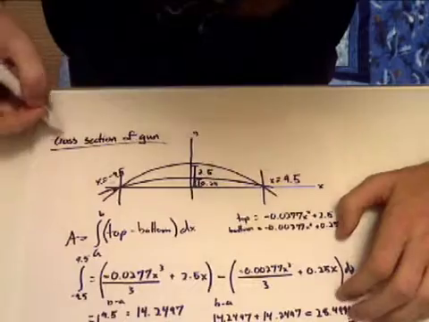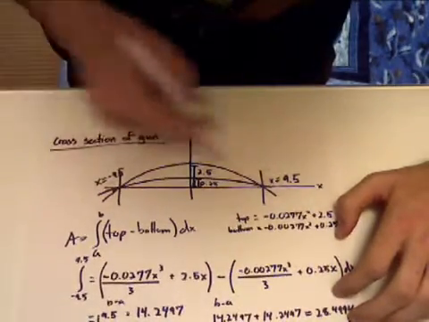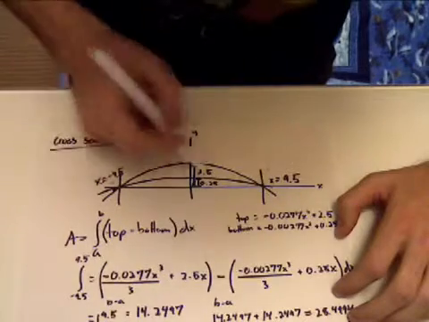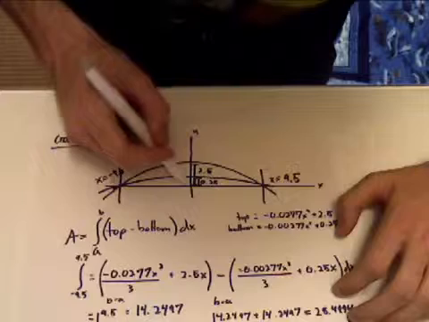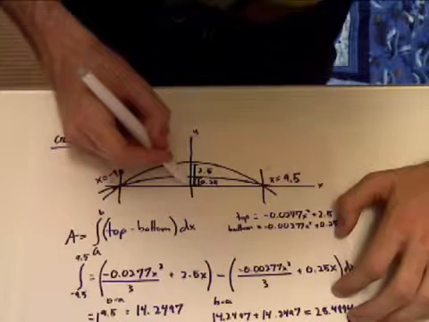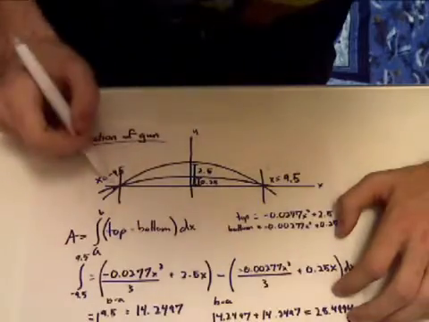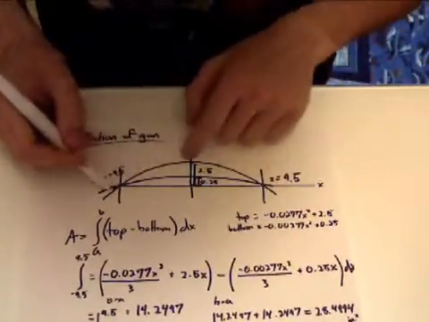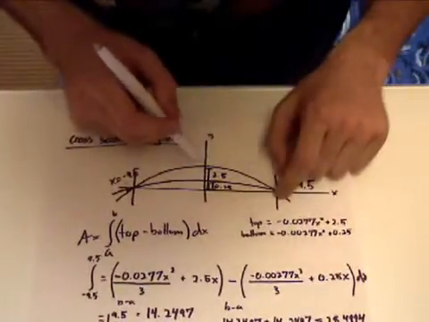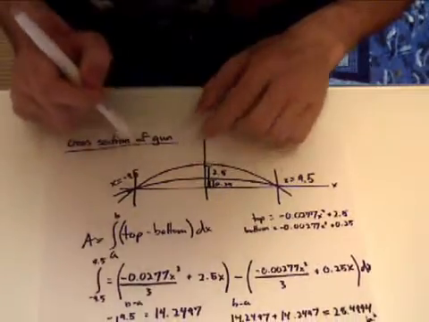So here we have the cross-section of a gun surfboard. The graph's a little bit better this time. This reads 0.25 inches, that reads 2.5 inches because it's 2.5 high, that's 2.25 inches. It's 19 inches across, so from here to here is 9.5, from here to here is 9.5, but since this is the y-axis, this is negative 9.5.